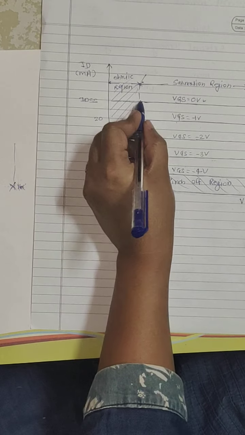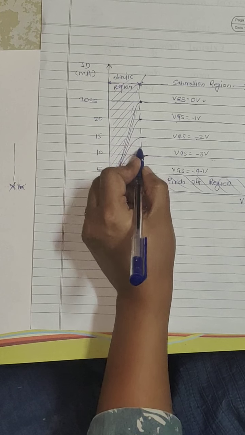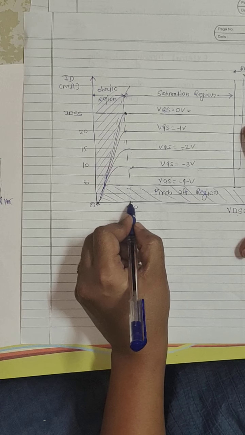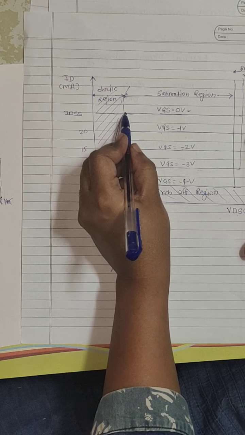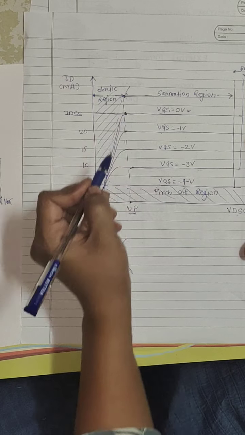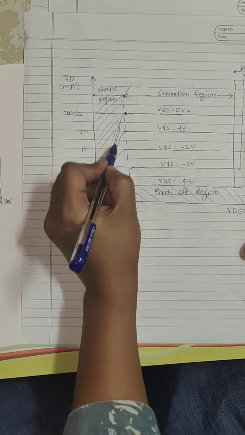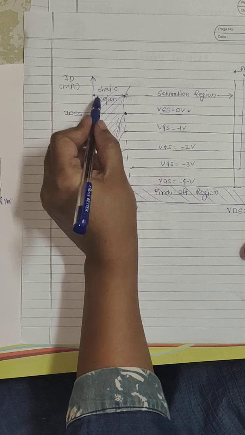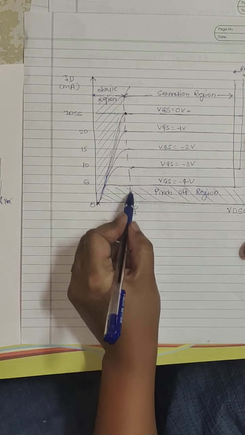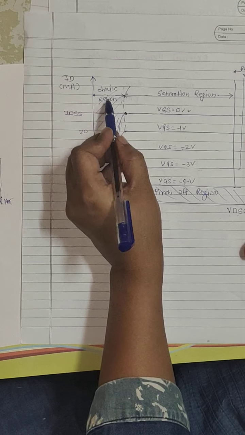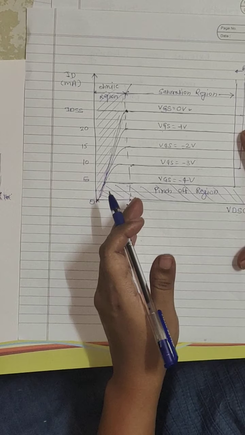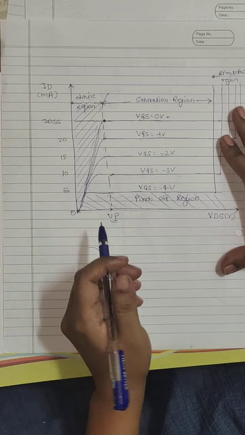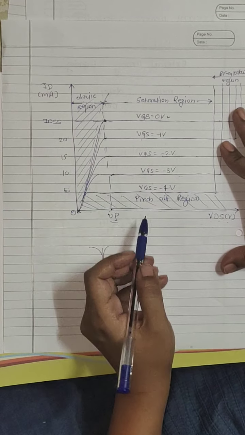The voltage at which both the loops get connected with each other is called the pinch off voltage. Up till this point, as voltage increases, current also increases. That's why this region of the characteristics is called the ohmic region. It acts like a resistor.